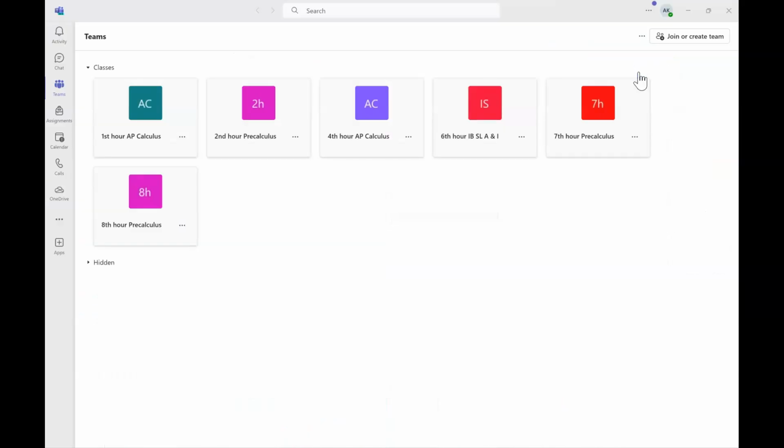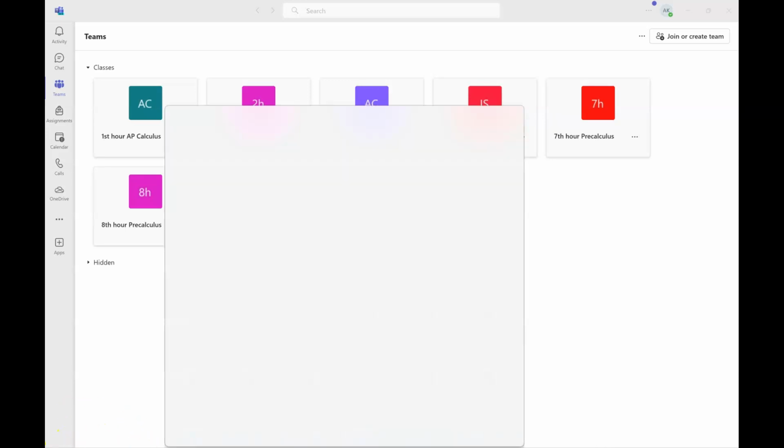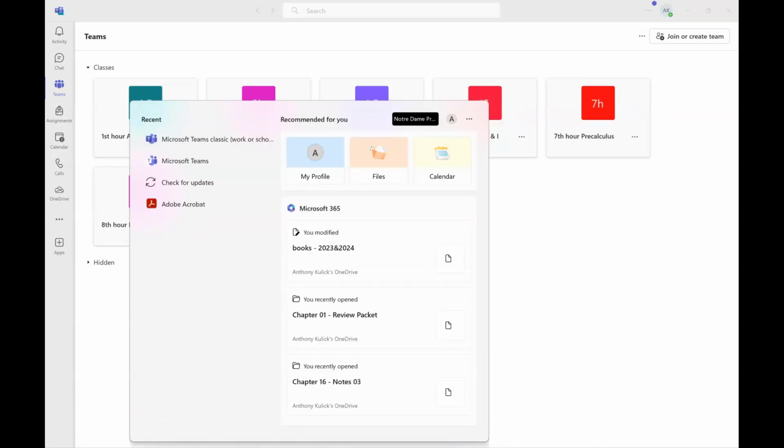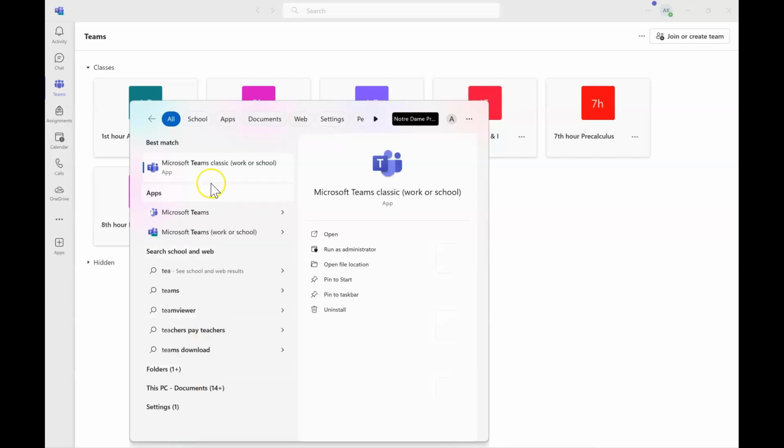We need to set up our new OneNote notebook. To do that, you want to go into Microsoft Teams. If you go to the search bar at the bottom and type Teams, make sure you pick the work or school one.